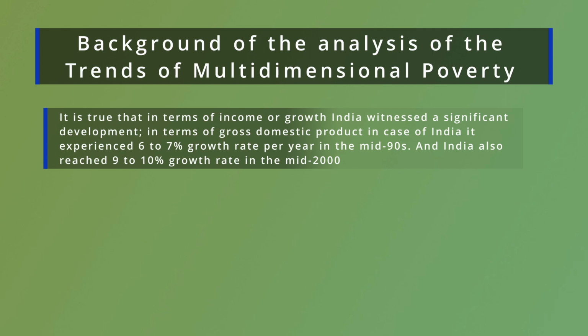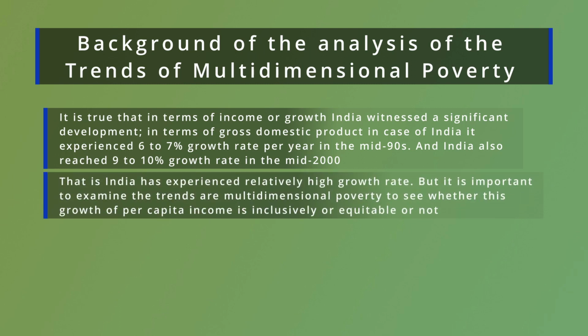India also reached a 9 to 10% growth rate in the mid-2000s. That is, India has experienced a relatively high growth rate. But it is important to examine the trends of multidimensional poverty to see whether this growth of per capita income is inclusive or equitable or not.